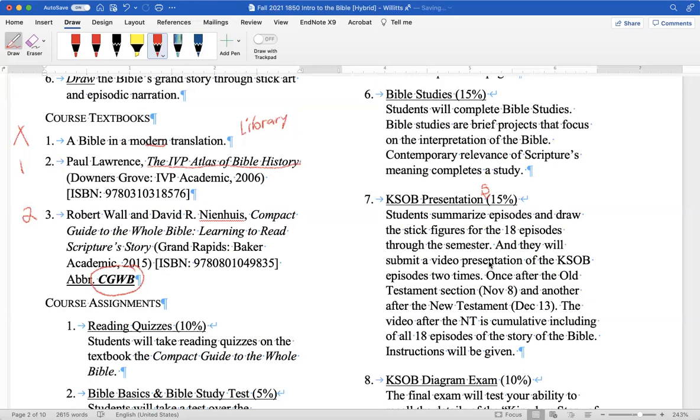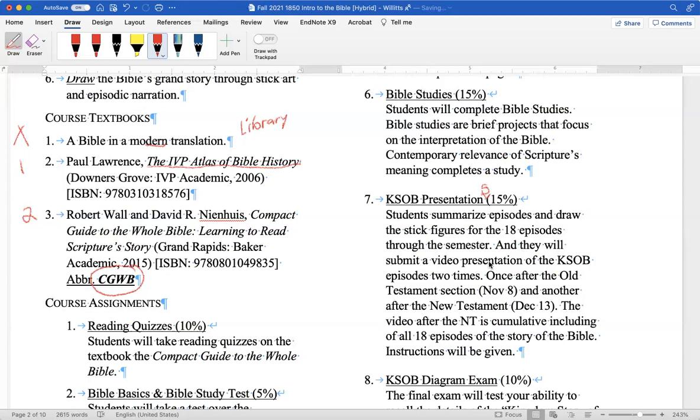Then twice during this semester, you're going to be doing a more lengthy presentation. First, after the Old Testament section is over, and this will be due on November 8th, or there around. And then another after the New Testament section around or on December 13th.